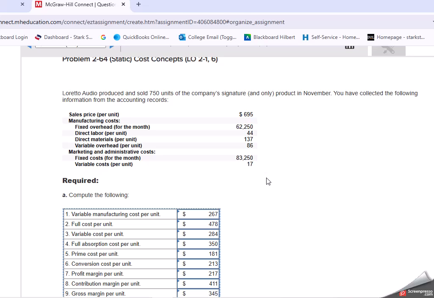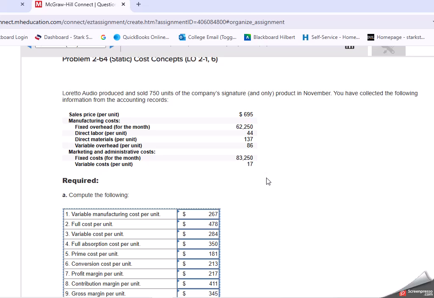All right, so 213, so 130, no. So $83 we have for our fixed costs, 86 for our variable costs, and then 44 for our labor.